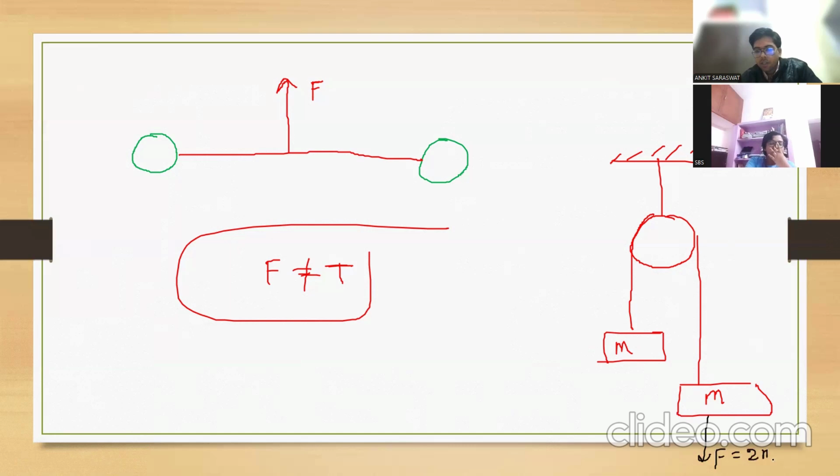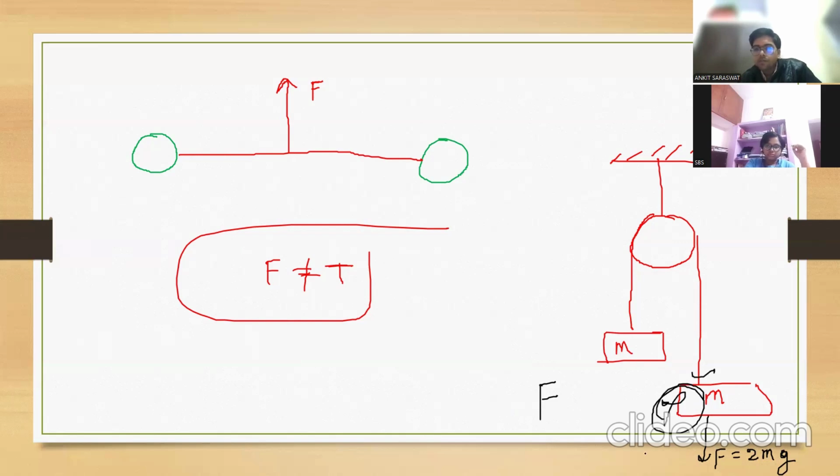You are applying this much force. You can't say this force is equal to tension. This force is never equal to tension. Still, this is along a string, but this force is not directly on a string. In between this force and the string, there is a block.